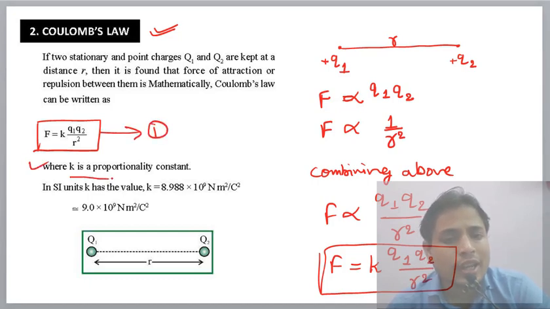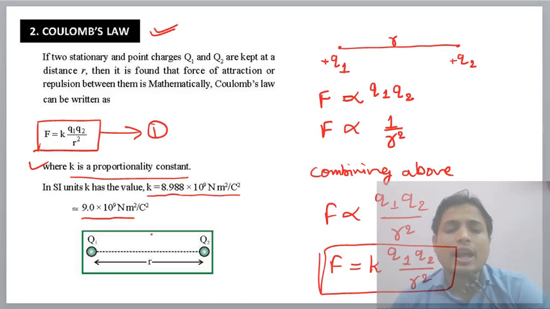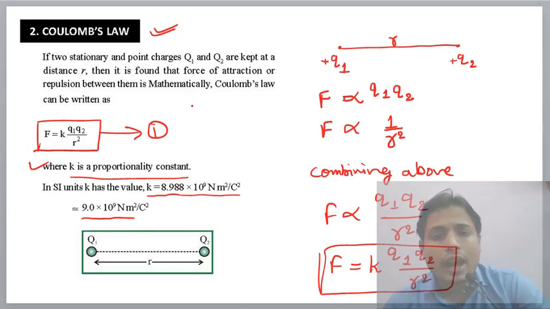Now K is the proportionality constant having the value 8.988 into 10 to the power 9, simply we can write 9 into 10 to the power 9 Newton meter square per Coulomb square. And also the value of K is 1 upon 4 pi epsilon naught.